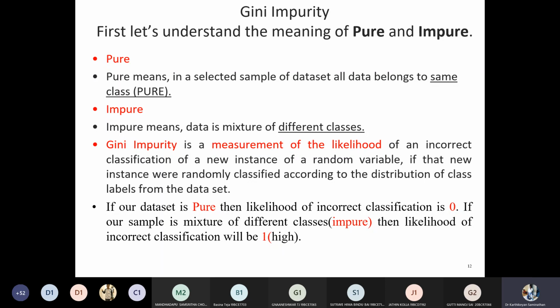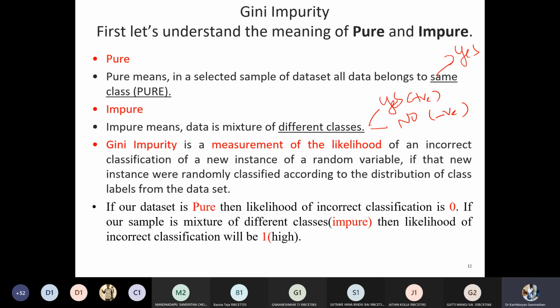What is pure data? Pure data is the selected samples of a data set which all belong to the same class, for example all yes. If it has both yes cases and no cases, the data is a mixture of different cases, that is impure data, with both positive and negative examples.